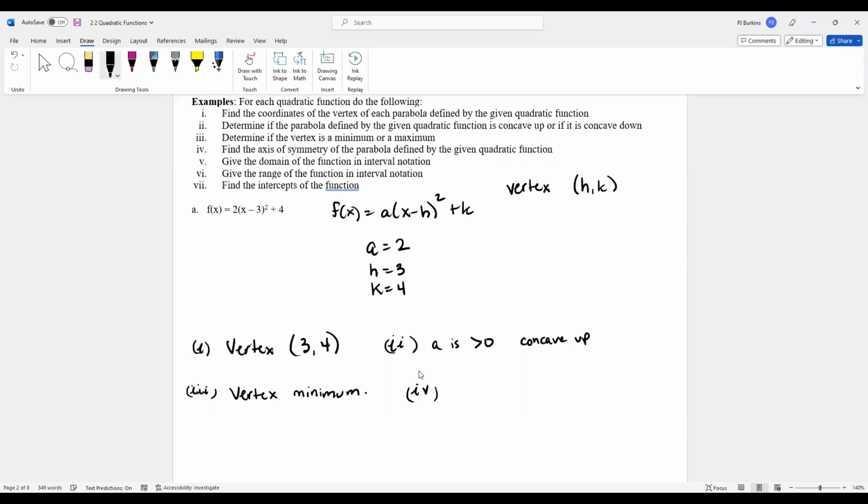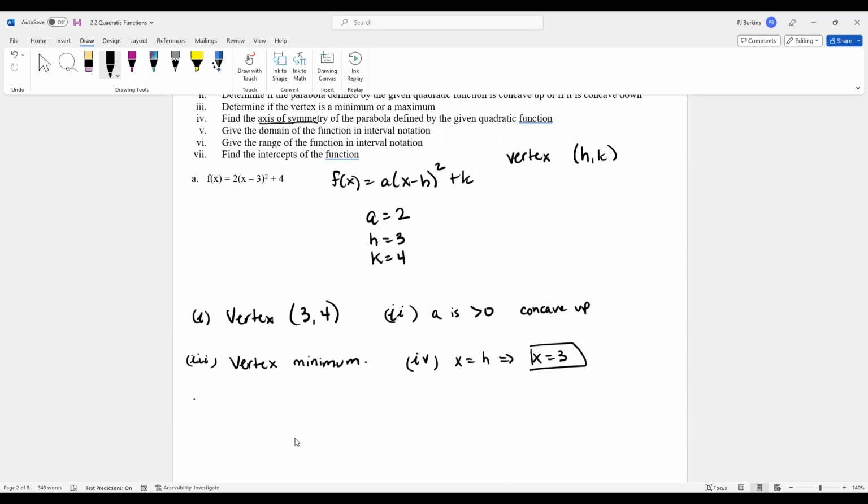The next question tells us, find the axis of symmetry. Remember that the axis of symmetry is defined by x equals h. So in our case, this is x equals 3. And when we're all done with this, I'll go ahead and plot this function so we can see all these things.